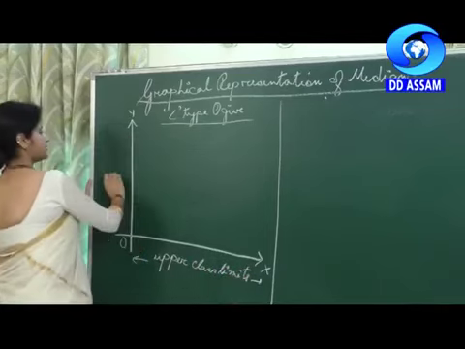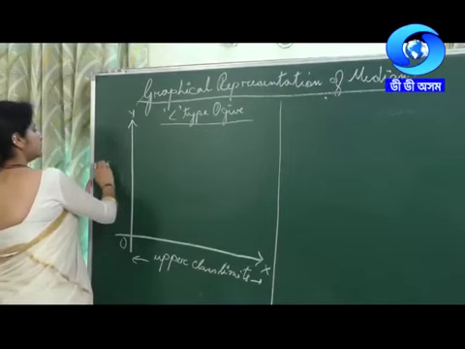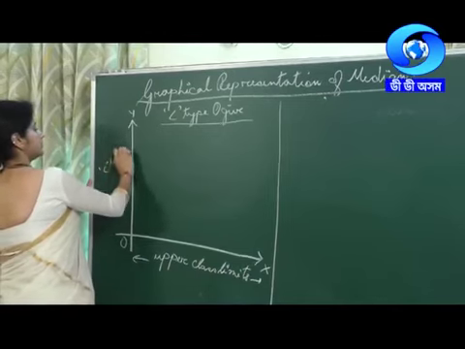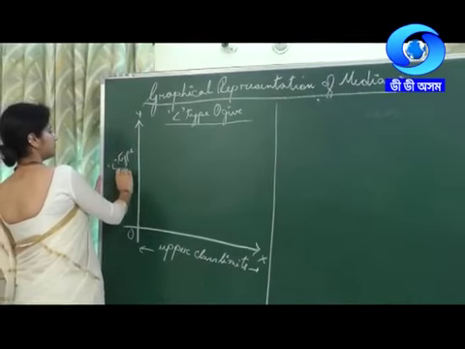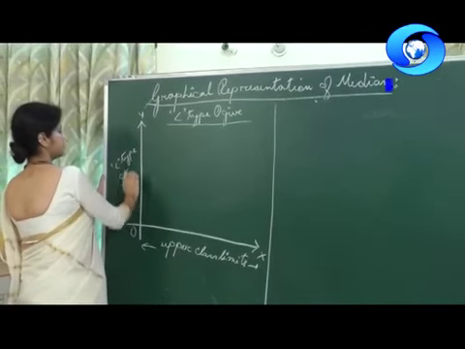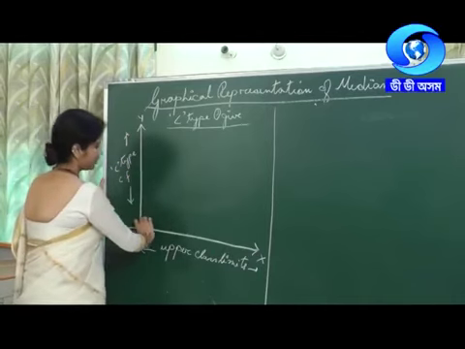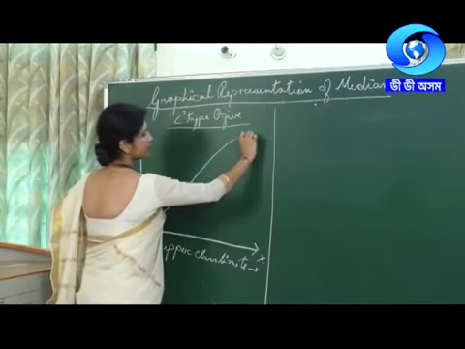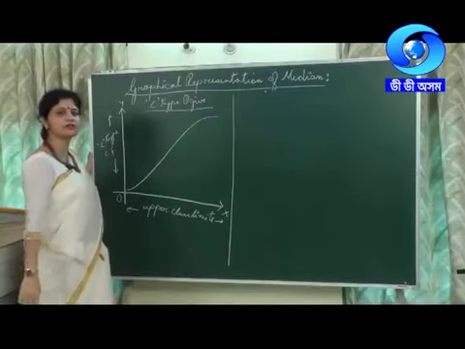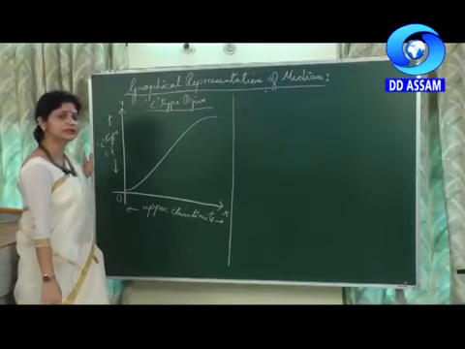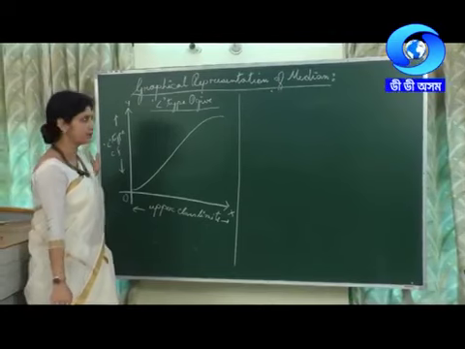On the y-axis, we have the less than type cumulative frequencies. And when you plot the points from your distribution, you get a curve of this shape which is called the less than type ogive.